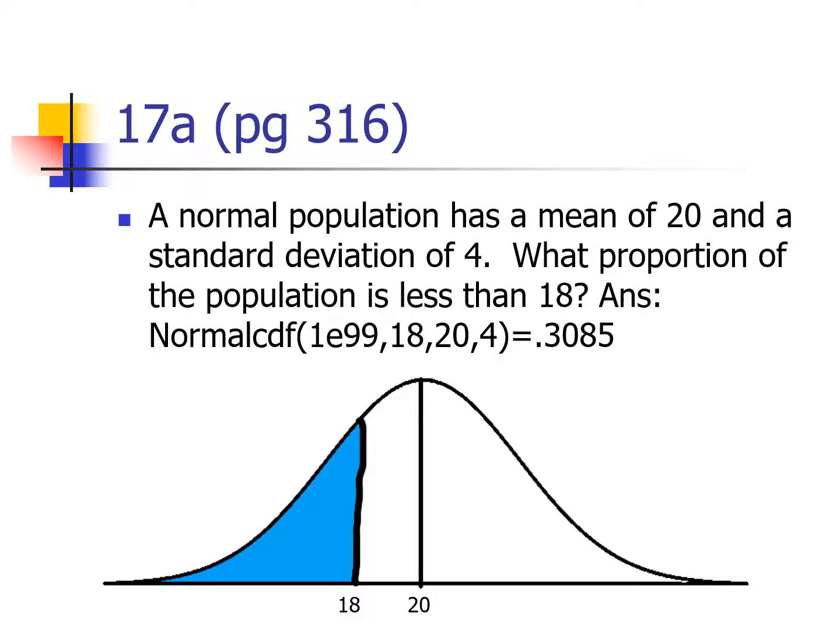In 7.2, we're working with situations where the mean is not necessarily 0 or 1. So the only tweak, the only extra wrinkle, is that instead of 0 and 1, looking at the slide right here, we're going to put 20 for the mean and 4 for the standard deviation instead of 0 for the mean and 1 for the standard deviation.